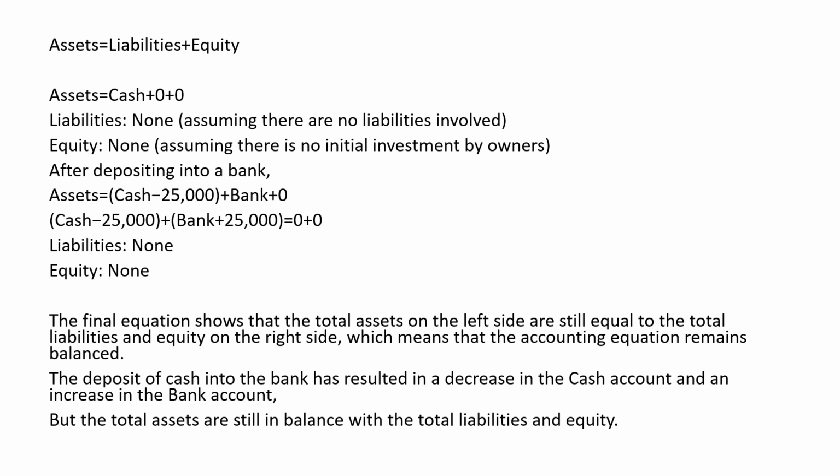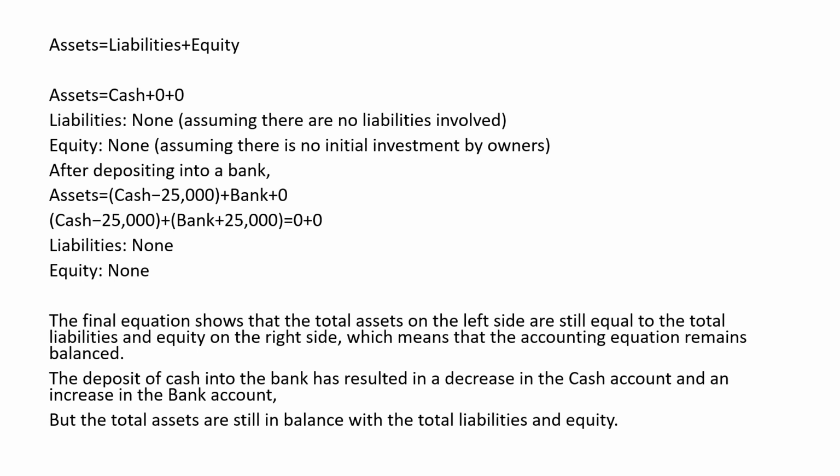Now, the assets in this transaction consist of cash and bank. So if you see, the cash balance is reducing by 25,000 because the cash is being taken by the business and deposited in the bank.